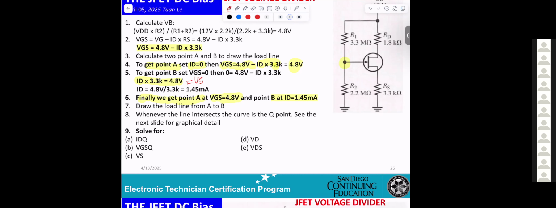And now from this formula, you can calculate ID equal 4.8 volt divided by 3.3 K. Then you get 1.45 milliamp.